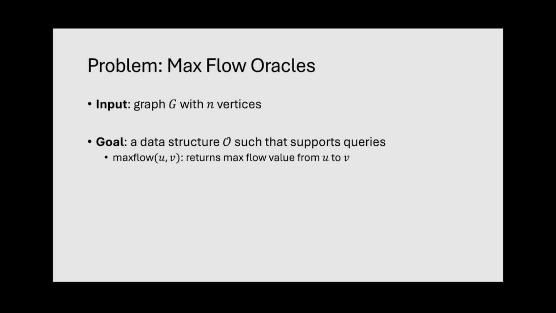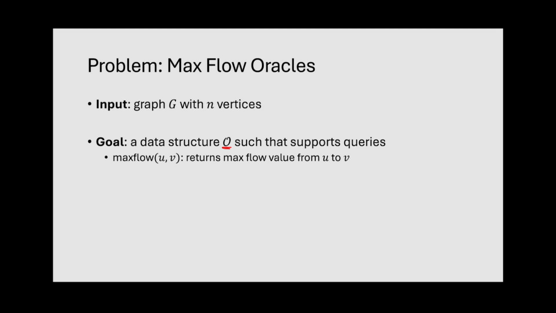Okay, but let me start with a story. The problem that we're going to consider in this talk is about an oracle that you can query for the max flow value. You have a graph with n vertices, and you want to build a data structure that can support max flow queries.